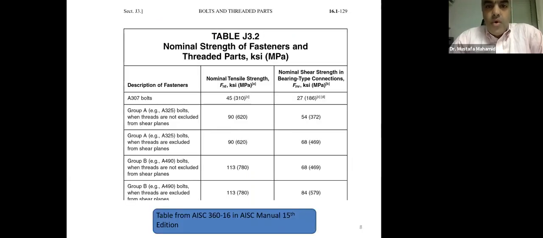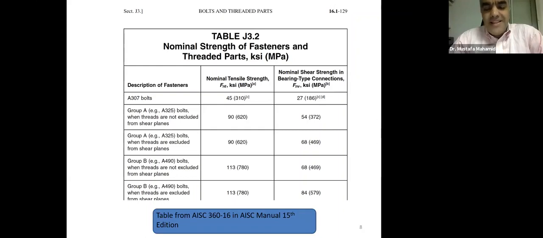Now, the nominal strength of the fasteners is given in Table J3.2. Here we have different types of fasteners. We have A307 bolts, Group A when the threads are not excluded, Group A when the threads are excluded, and Group B is the same thing.